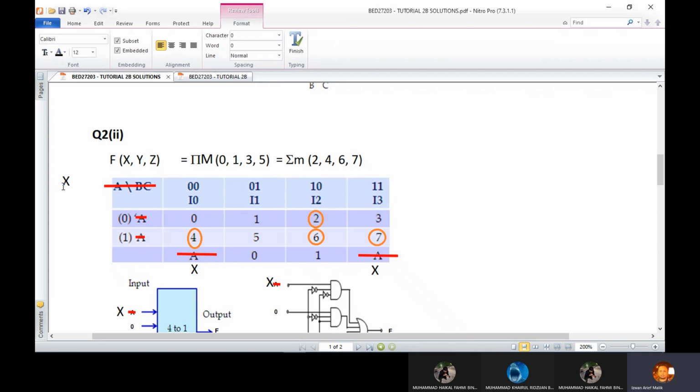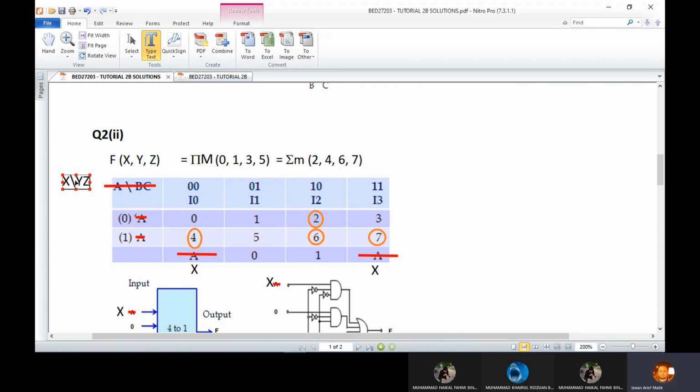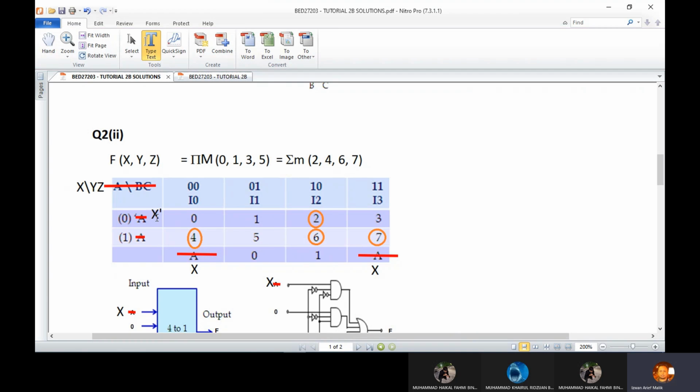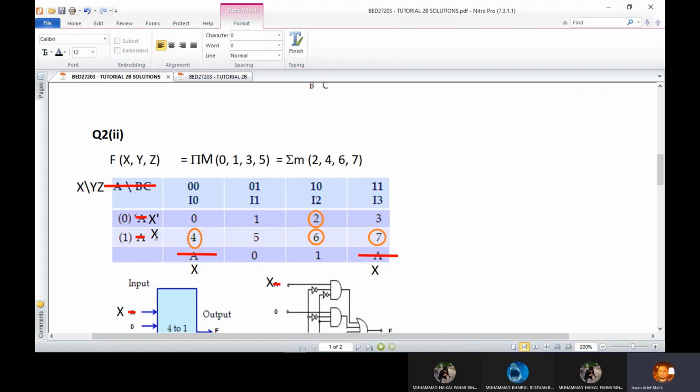This is x and then y, z, replacing the a, b, c. And then this is x bar for 0, and then this is x for 1.